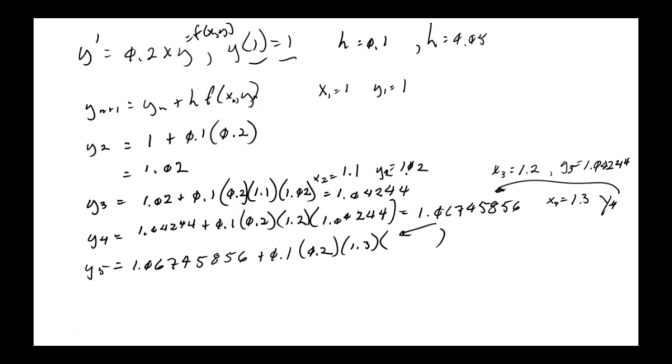Times 1.3 times 1.06745856, equals. And I got 1.09521248. Way too many digits, and they got 1.0952, and they stopped there, which is fine.